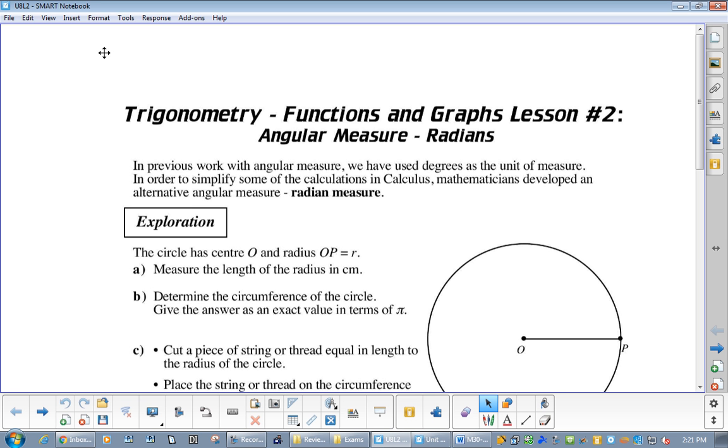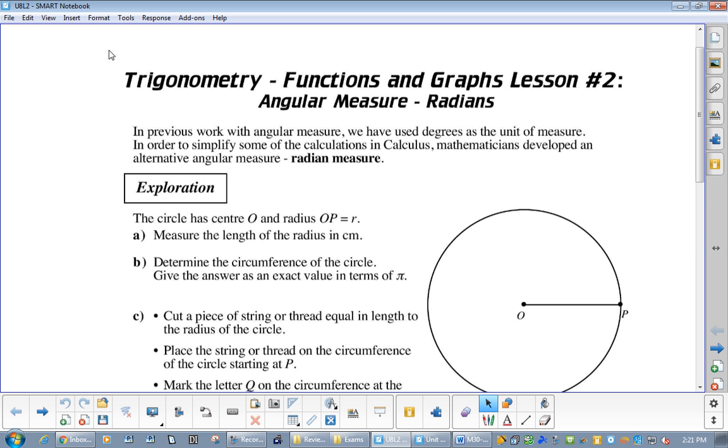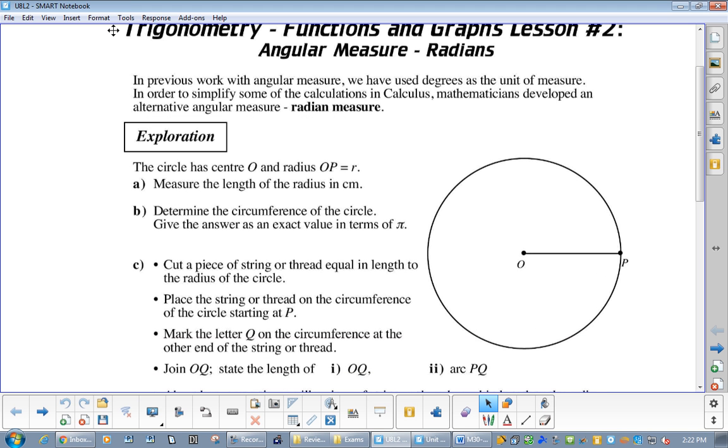Now, the first thing we're going to talk about is what is a radian. Here you have a circle. As we do this trig unit, there's still a lot we're going to be reviewing from the trig unit we've done already this year. That'll help you towards your replacement test coming up and your final exam.